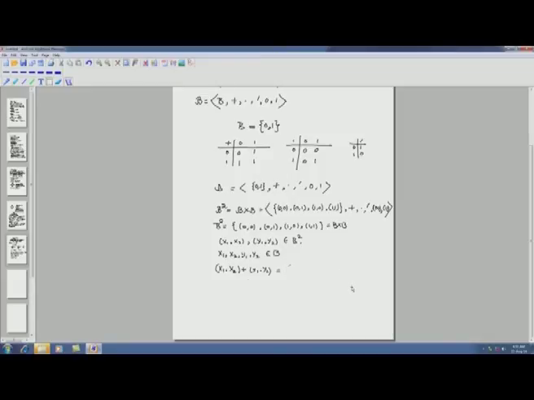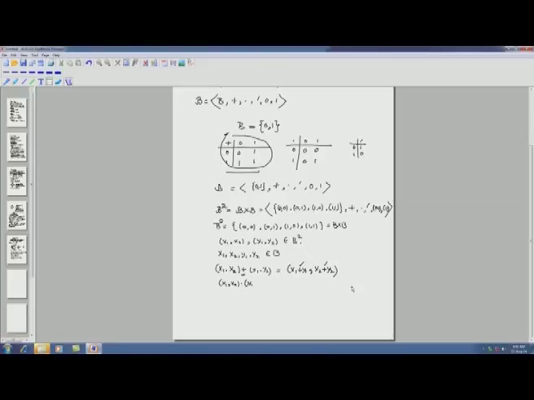This will be x1 plus y1, x2 plus y2. Now, we do not have to worry about this plus, it is already defined over here, and this is the plus that we are defining on B cross B by using the addition that we have already defined.